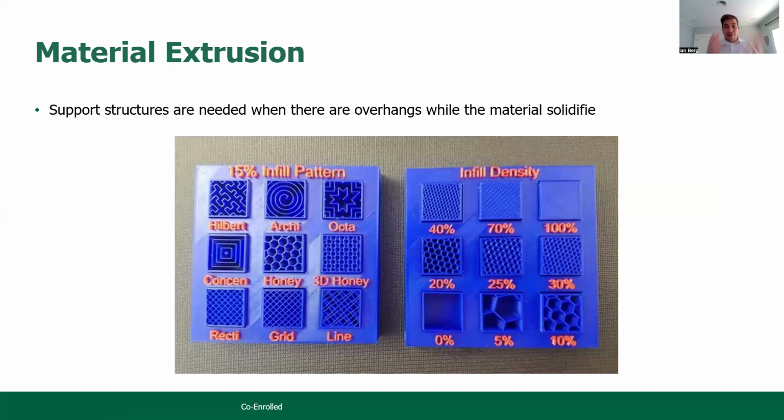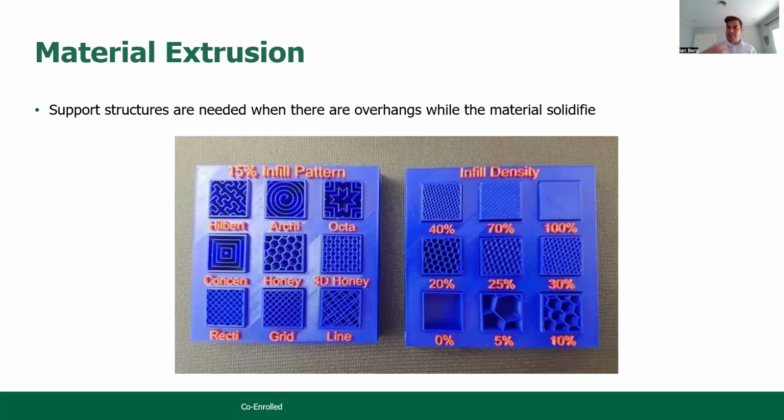I mentioned you need the supports for the overhangs. The other thing about 3D printing in this version is that it's very rare for you to print things 100% solid. You could, if you wanted to, print 100% solid each layer, but for the most part, you don't need to. That's just wasting a lot of time and material because these pieces are likely not to be fully structural anyway.